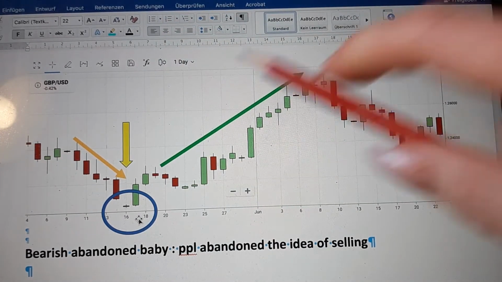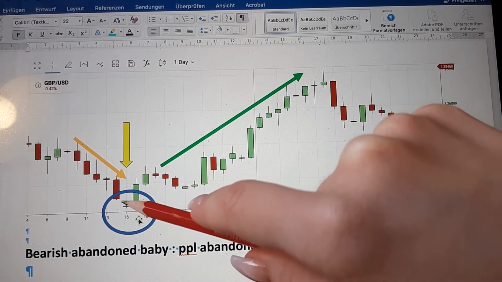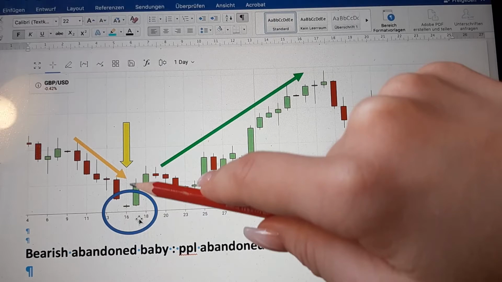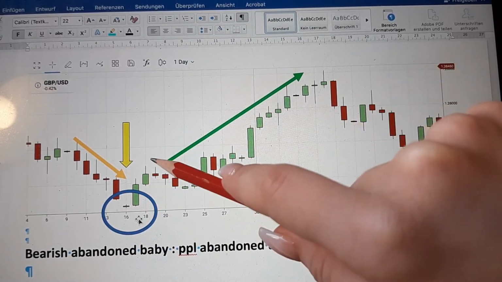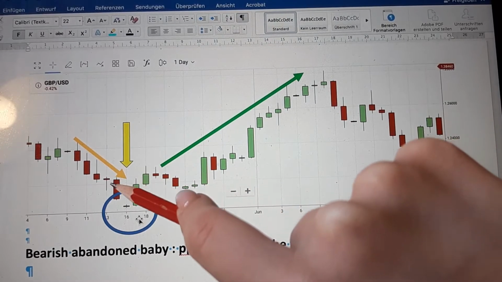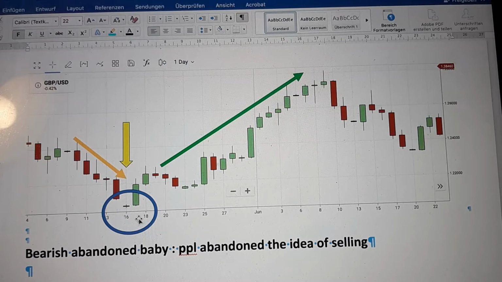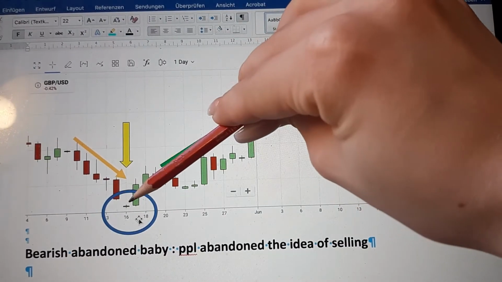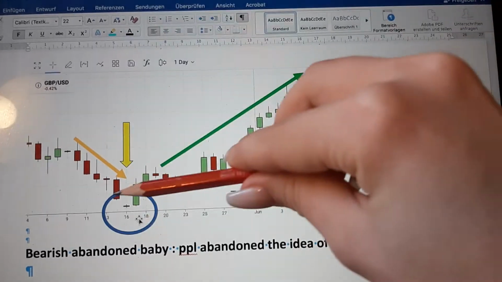And the answer is no, because the market opens with a bullish gap. And then you get the confirmation, and you then have a change of the trend. It's an uptrend. And this, despite the convincing downtrend we can see here, because all of a sudden there are no new sellers on the market.